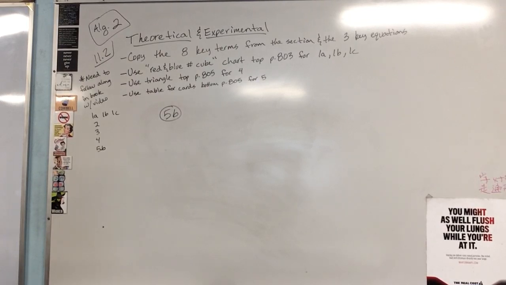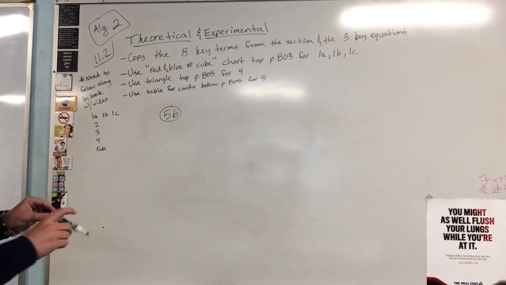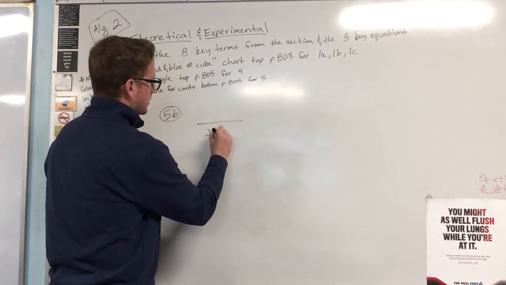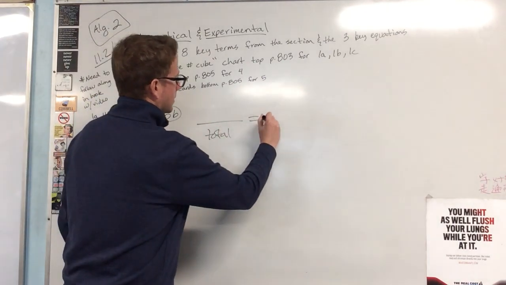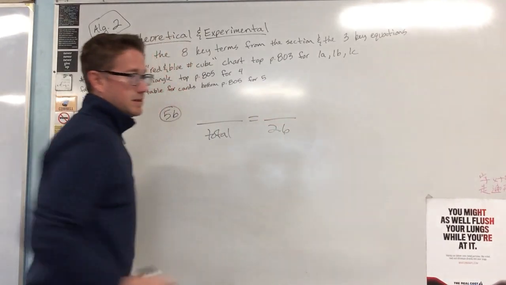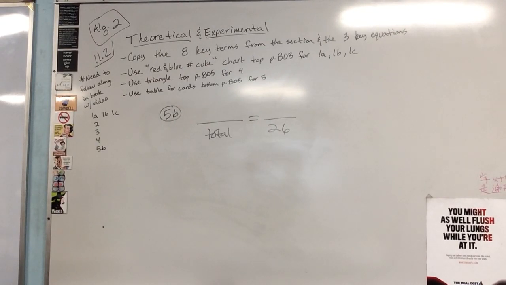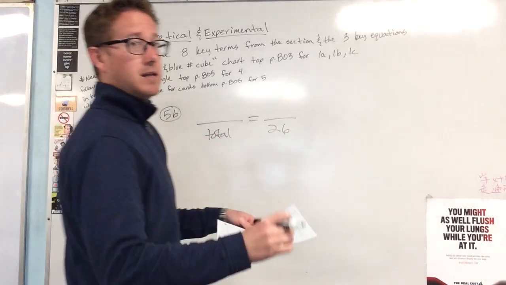The question says find the experimental probability of choosing a card that is not a club. Well, how many total were picked? The total is 26. How do you get that? By adding all those numbers together: 5, 9, 7, and 5. Then find the experimental probability of choosing a card that is not a club.